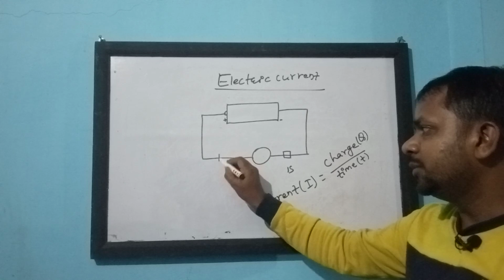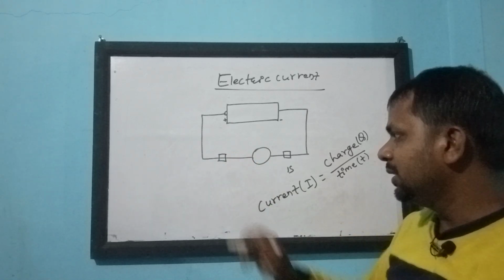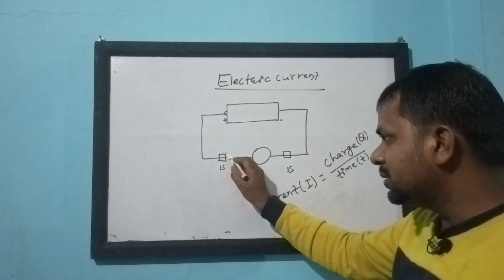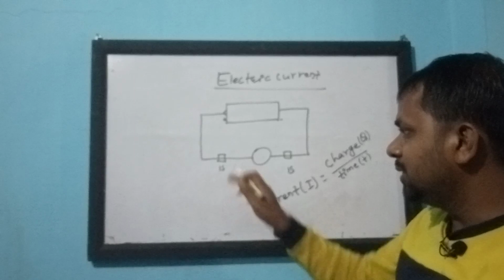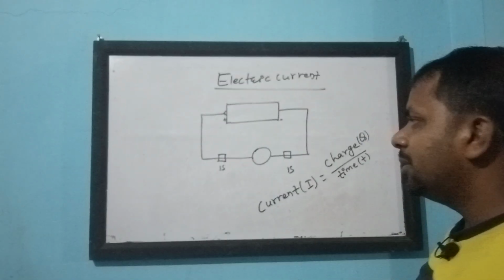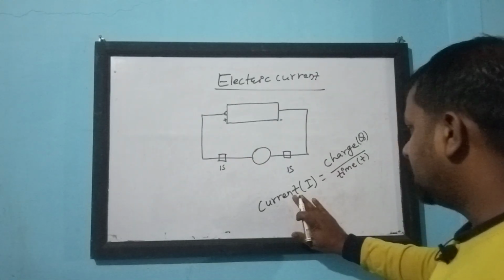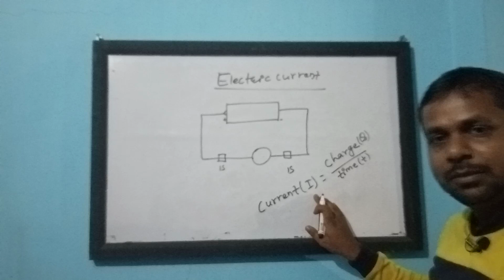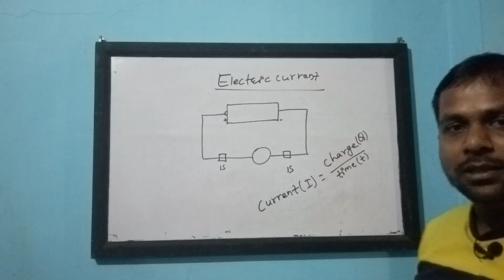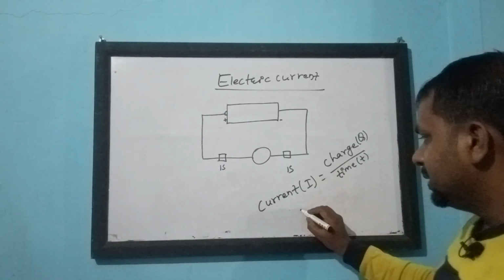Anywhere we have to measure the current, suppose we are measuring the current value in this circuit at this point, then in 1 second how much charge is moving here gives the value of current at this point. So current, represented by I, can be written as charge divided by time, and the unit of current is ampere.